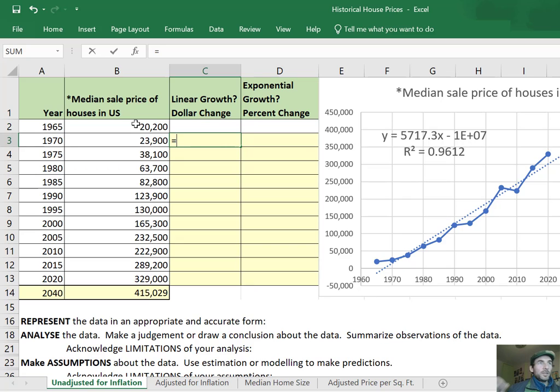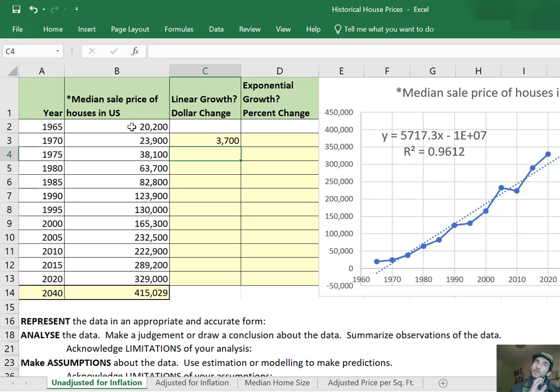But instead of typing in 23,900, we're just going to type the cell number, and that is cell B3. If you just click on it, it'll automatically type B3 for you. And then we hit subtract. I'm going to subtract cell B2. So the column is B, the row is 2, and so that's cell B2. So click on it, and now just press enter.